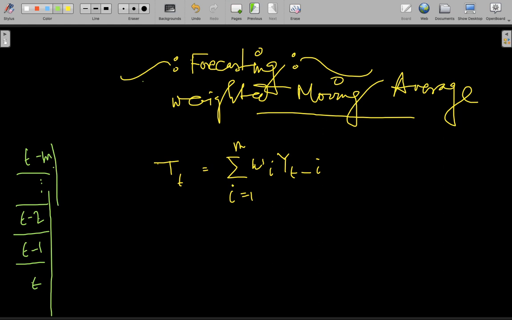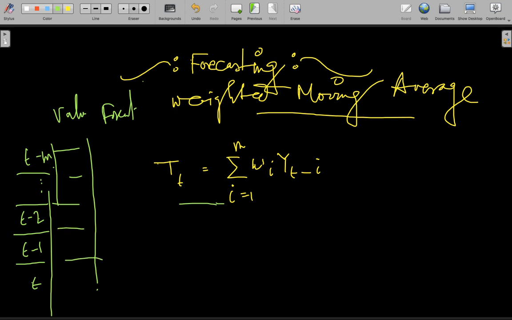So this is the time period, and I have the values of the variable, and then I have the forecast values. This equation says that I'm taking all these values and taking their weighted average to get a forecast value, which is this one.